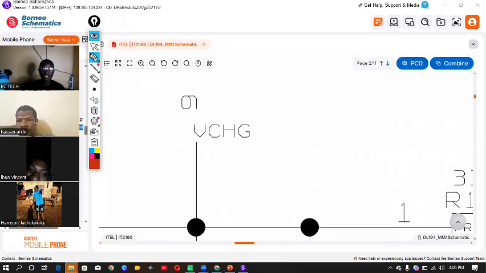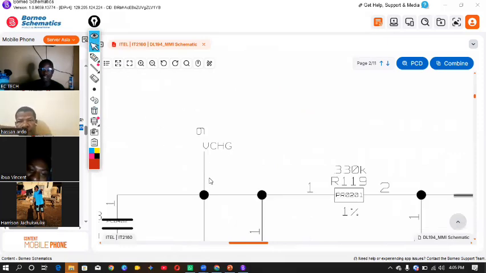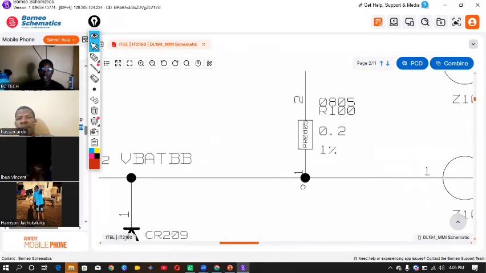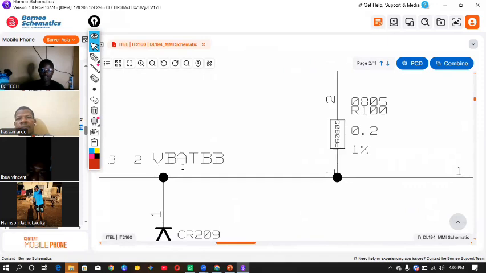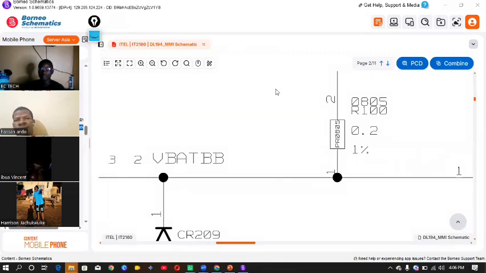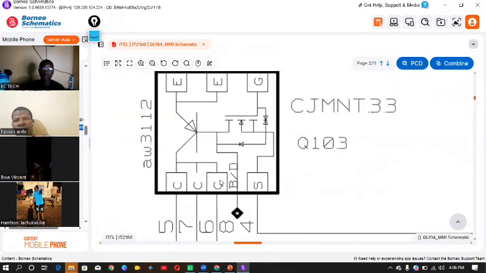This is the voltage that the IC is going to maintain to produce the output, which is feedback, and the feedback voltage is between 3.7 volts to 4.2. So how does it switch?